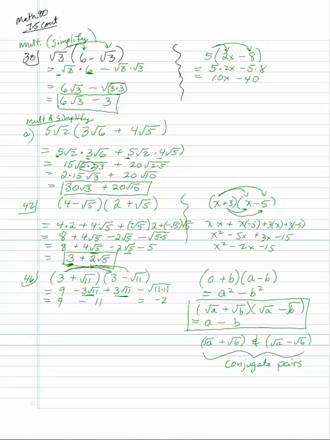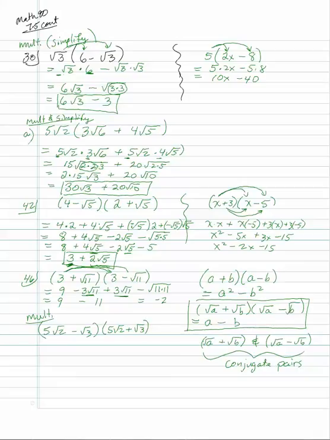Now, it's important to know that, because if you wanted to do something like 5 square root of 2 minus square root of 3 and multiply it by its conjugate, which would be 5 square root of 2 plus square root of 3, you just change that sign in the middle.